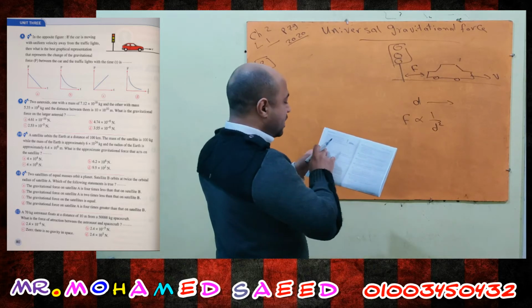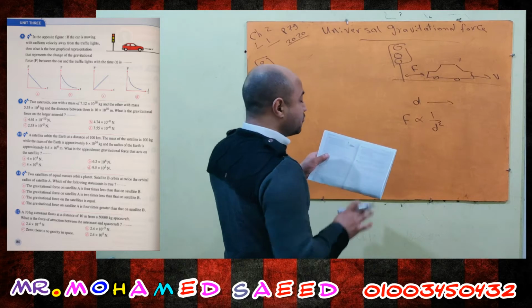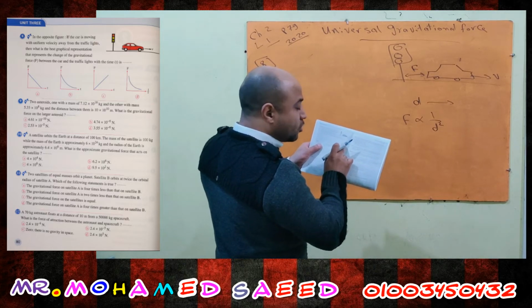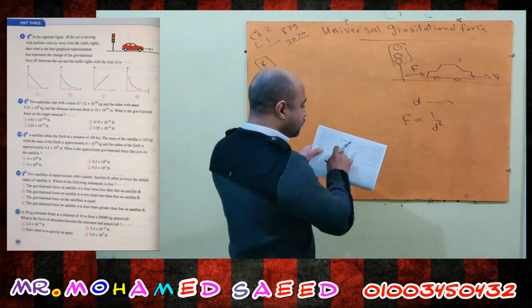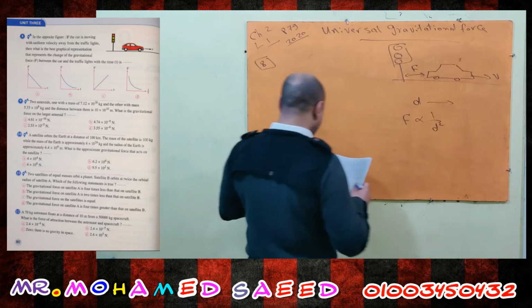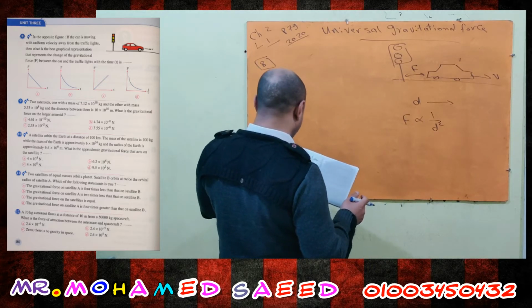So we have A, B, and D. Also, D is removed because the graph D shows force and reciprocal of time. Reciprocal of what? Of time. So C and D are exempted. Now we are going to choose from A and B.